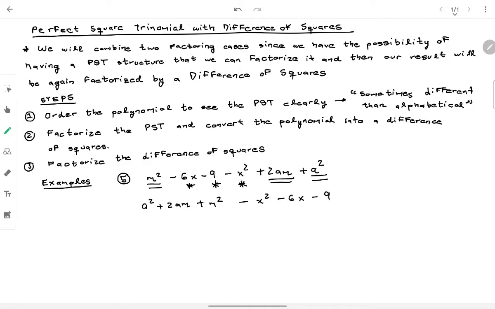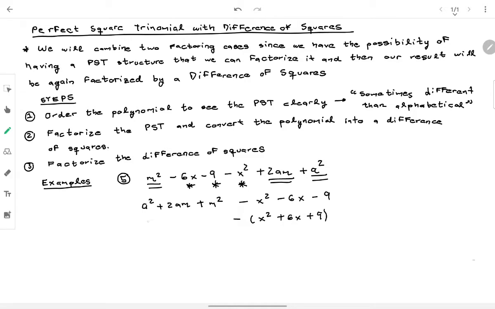So let's check out, as I was telling you on the past exercise, the second trinomial. In this case, we cannot take out a square root of a negative number, so we can do a little trick. Remember, we can take out the minus sign, and it's going to be x squared plus 6x plus 9.